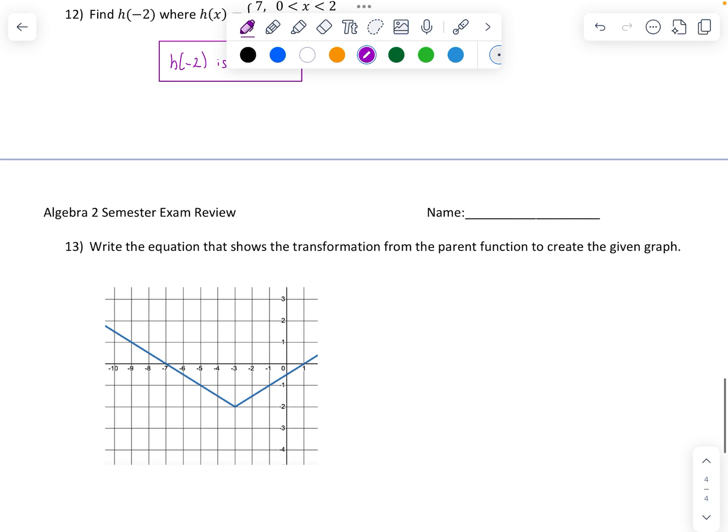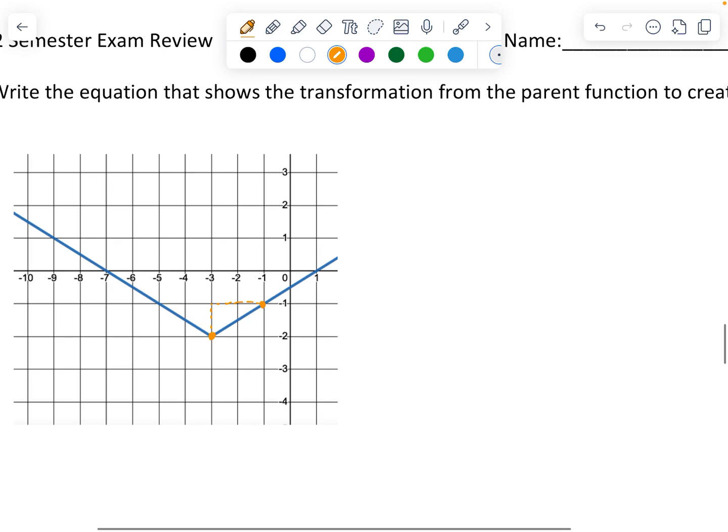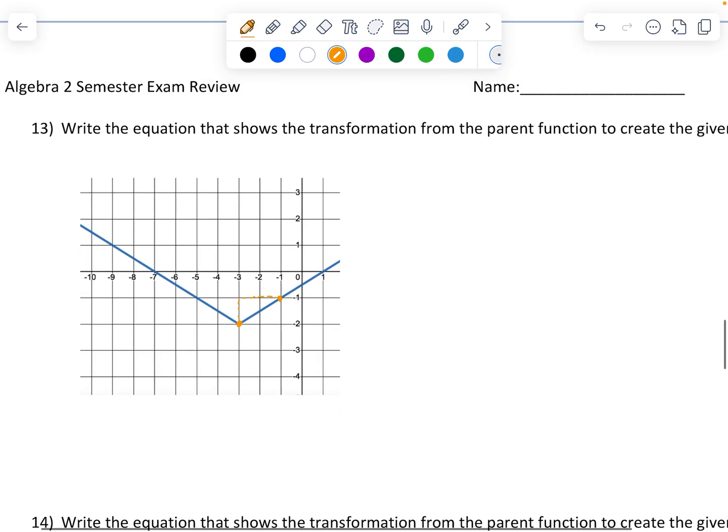All right, write an equation that shows the transformations. You should know this is an absolute value function. If we go from this point to this point, that has a slope of 1/2 because it's up 1 over 2. So that is our A value, which is the number that goes outside of the absolute value.